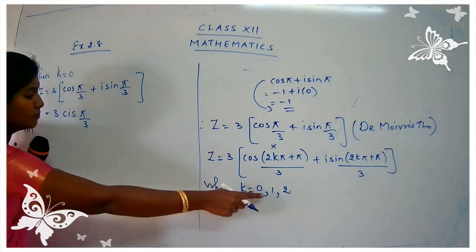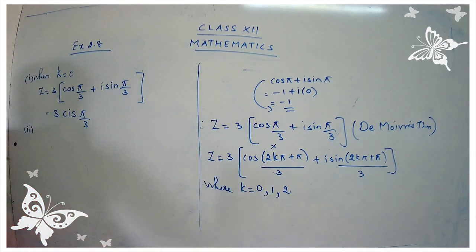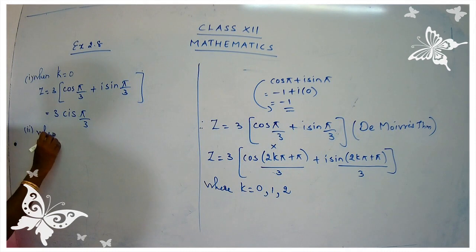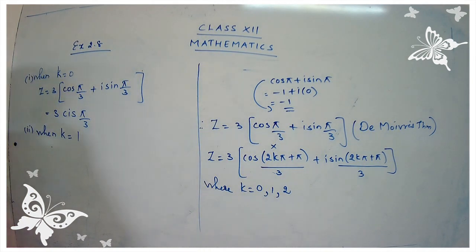We have to substitute the value for k as 1. So write down here, when k is equal to 1, what happens? Come on, let's try to substitute the value and get the answer, children. I'll give you some time. Complete the answer. You have to complete for k is equal to 1. Come on, do the sum.